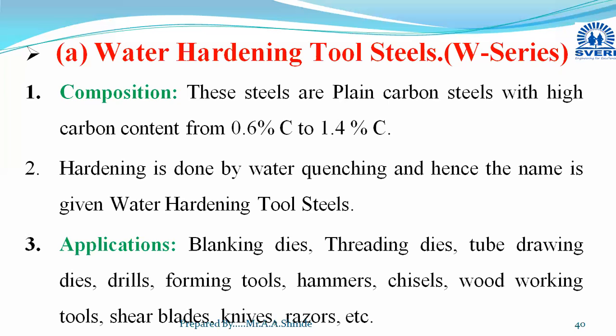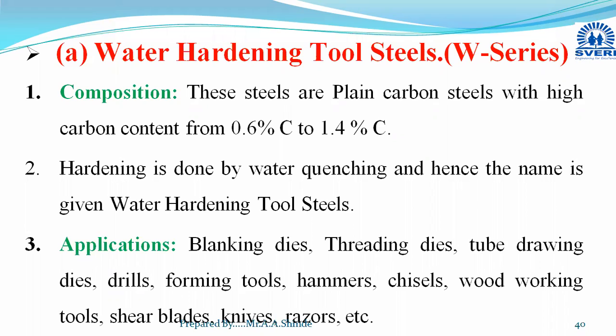So these are the reasons why we cannot use these cold worked tool steels, or specifically these water hardening tool steels, to perform any heat treatment, because whenever we conduct heat treatment we use higher temperature ranges, and in those ranges oxidation may take place, or decarbonization will occur, and grain coarsening will occur.